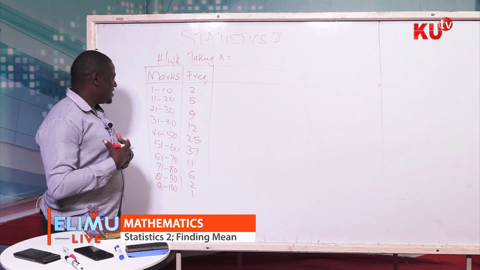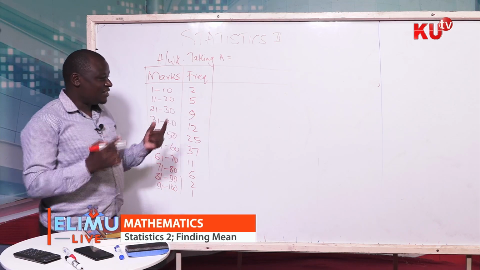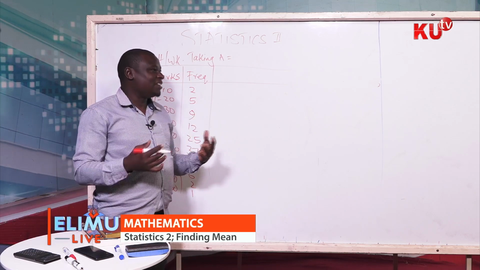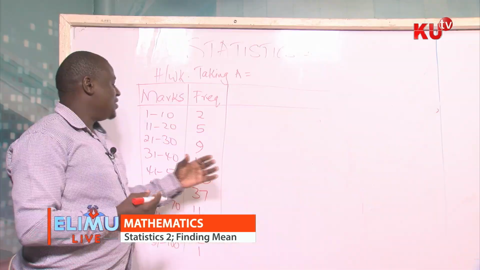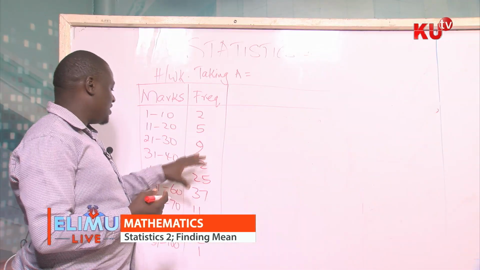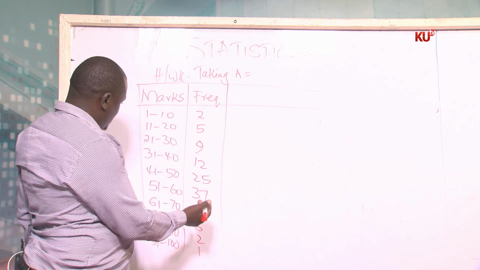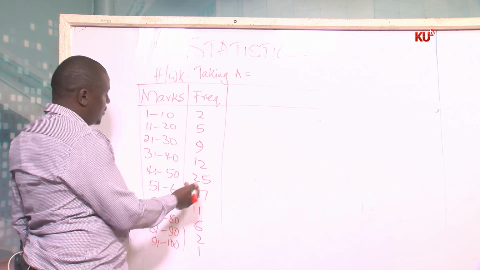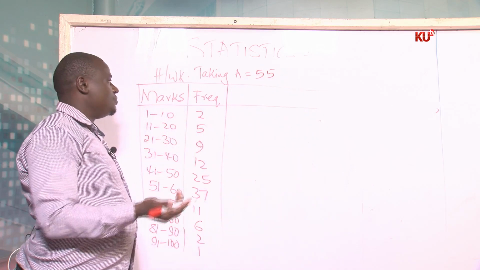So even me as a teacher, as I pick my assumed mean, I'm picking it around the center. I have said it is any value. You can pick literally any value. But to apply some wisdom, you need to pick a value that is around the center. In this case, if you agree with us, we could take 55 as our assumed mean.